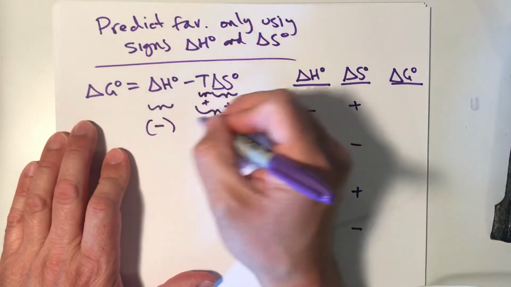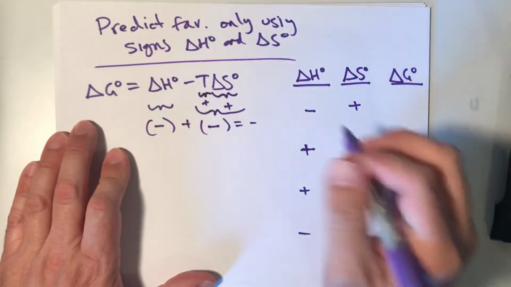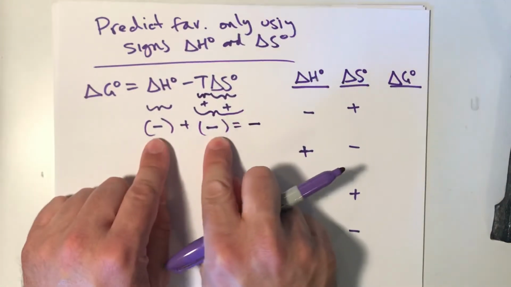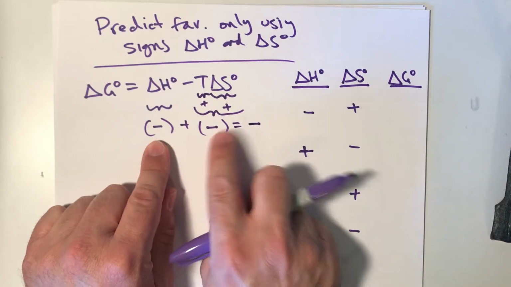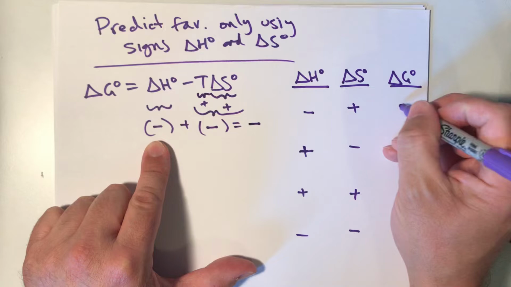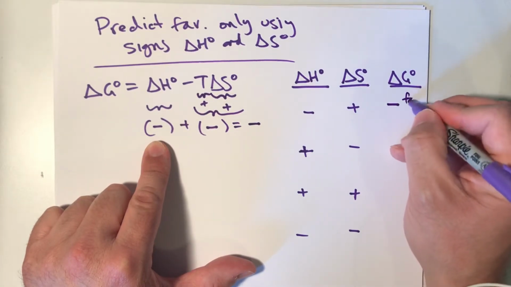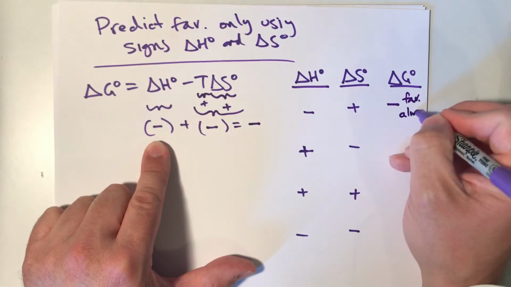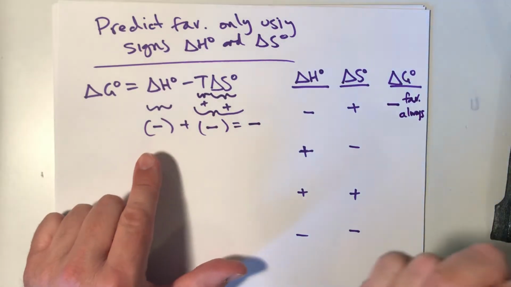So you're going to have a negative number plus a negative number, and that always has to add up to a negative number. There's no way for two negative numbers that are added together to give anything else. So that means that this reaction is favorable always. There's no temperature at which this type of reaction would be unfavorable.